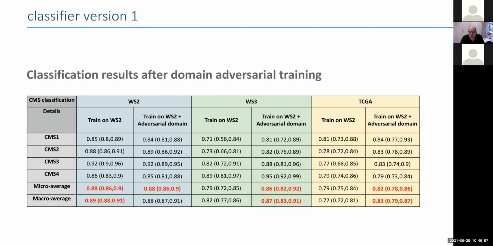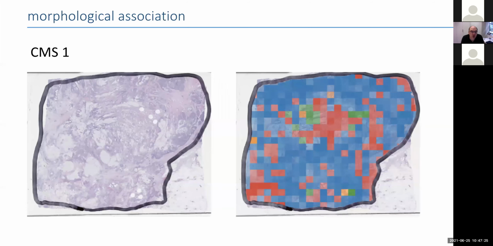After domain adversarial training, these are sort of the performance scores we get in terms of concordance with sequencing that range sort of from 82 to 89%. We get lower performance on TCGA, and this has good reasons because the sectioning quality between H&E sections and sections that are used for sequencing is not as good as in the cohorts we have locally.